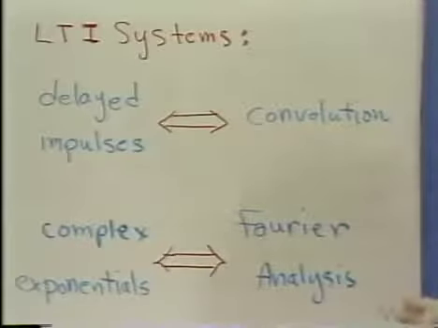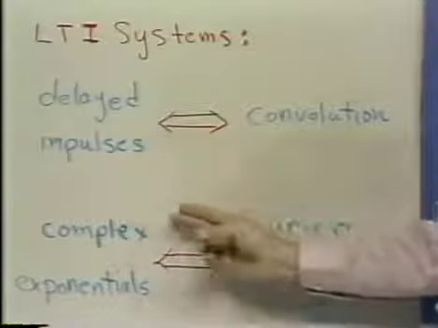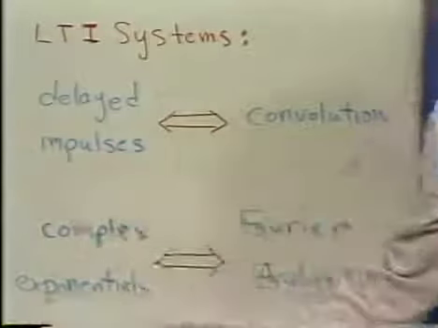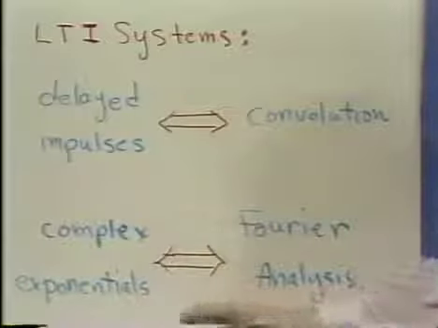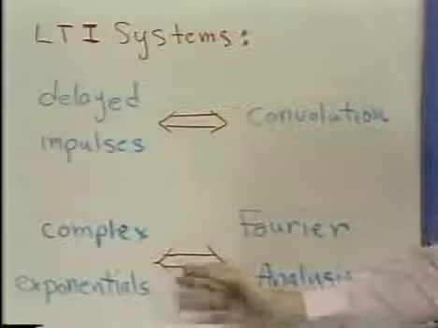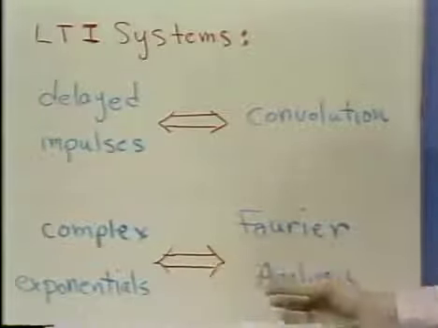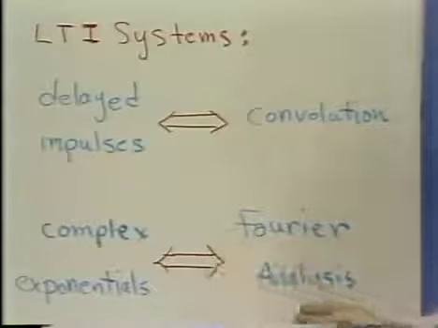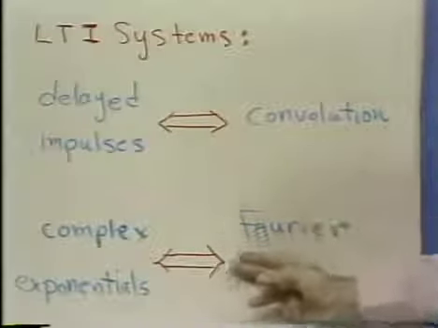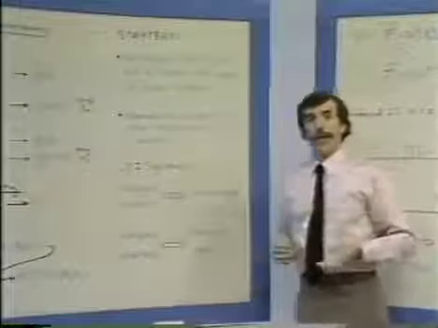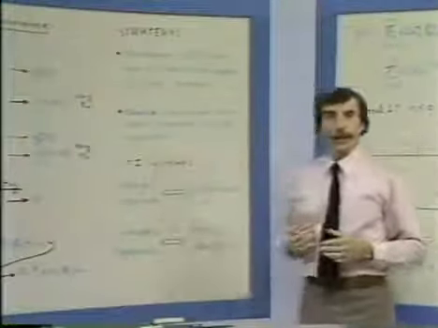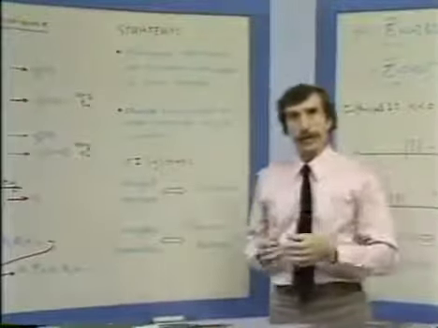A second is a decomposition of inputs into complex exponentials, a linear combination of complex exponentials, and that leads to a representation of signals and systems through what we'll refer to as Fourier analysis. Now, Fourier analysis will be a topic for a set of later lectures.